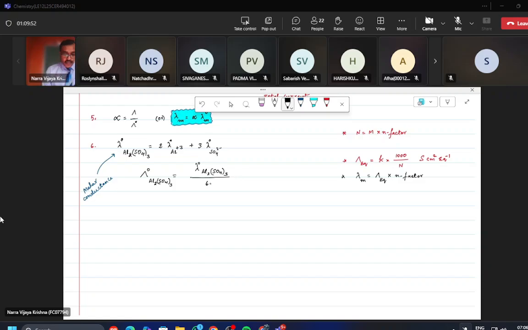Instead of this, can I substitute this term? So I am writing the same. That implies lambda of Al2(SO4)3 equals 2 times lambda naught of Al3+ upon 6 plus 3 times lambda naught of SO4 2- upon 6.